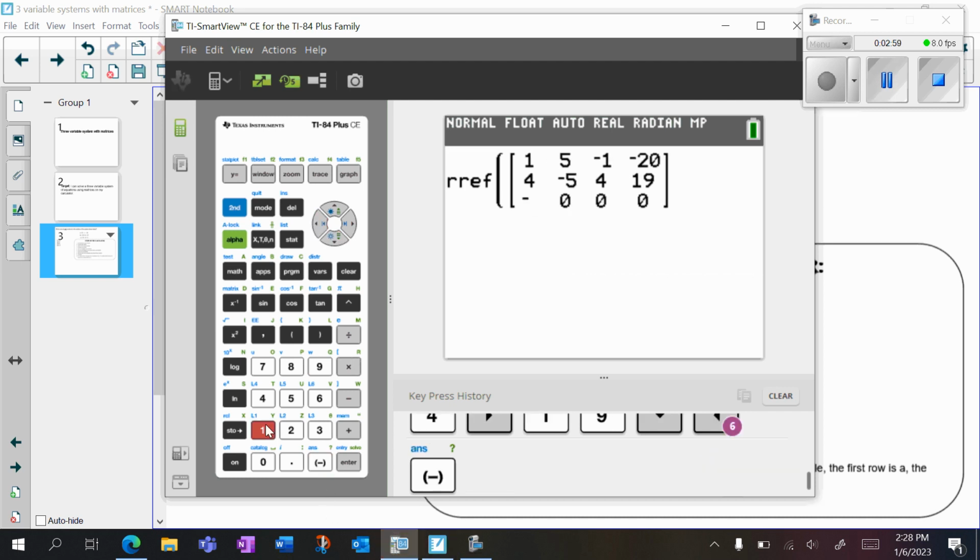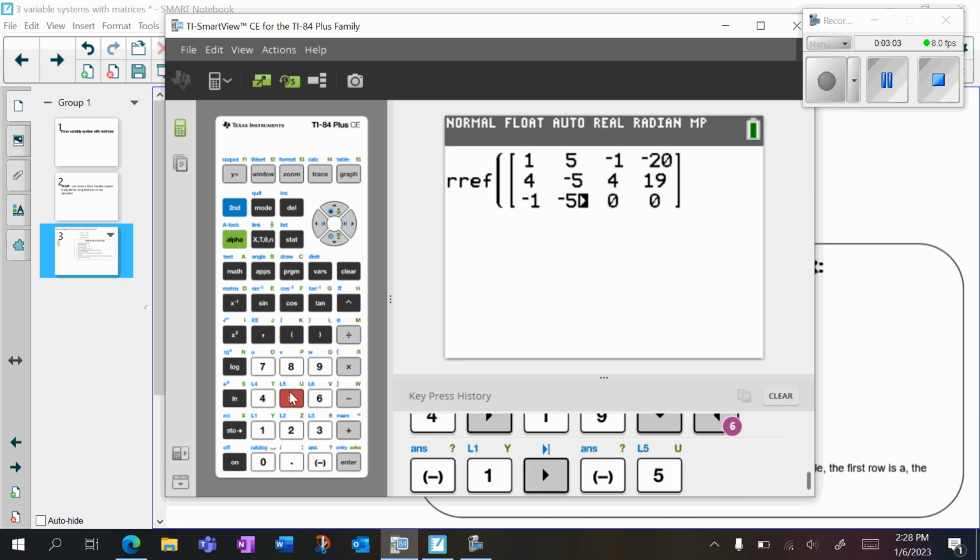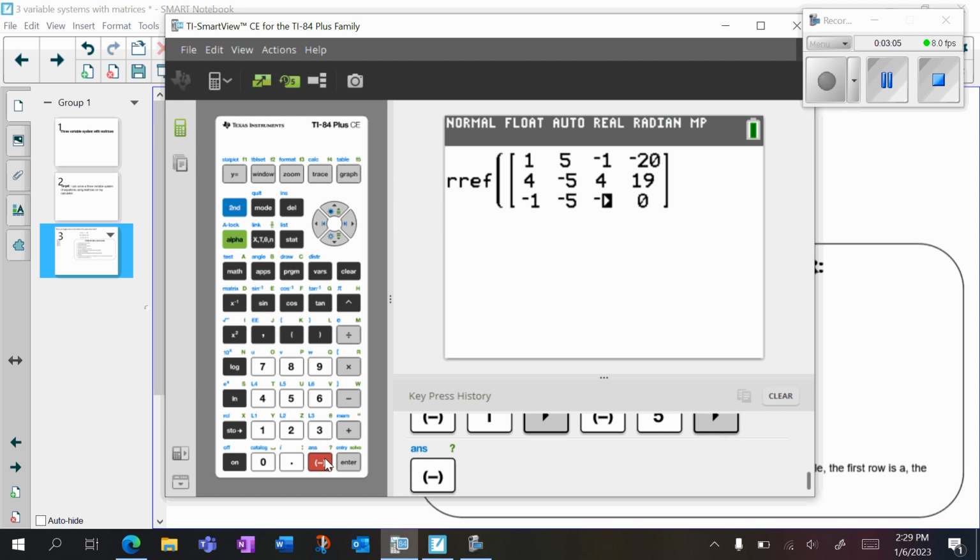Negative 1, negative 5, negative 5, 2. And always just double check that you have the correct information in, which I believe I do. And then we're going to hit enter.